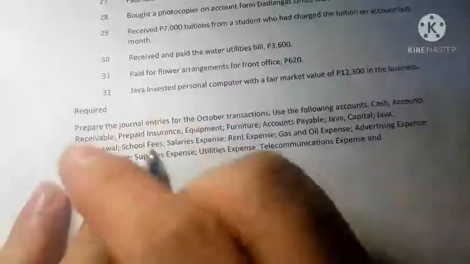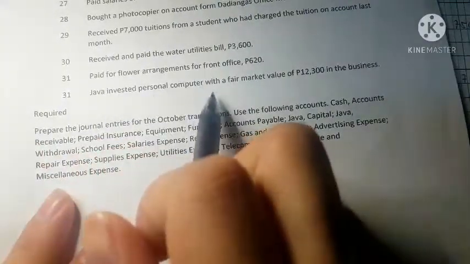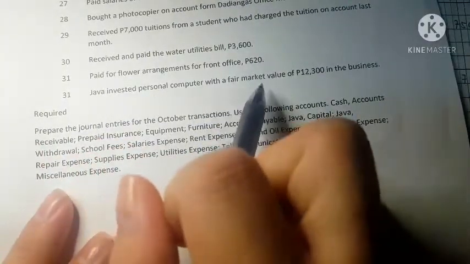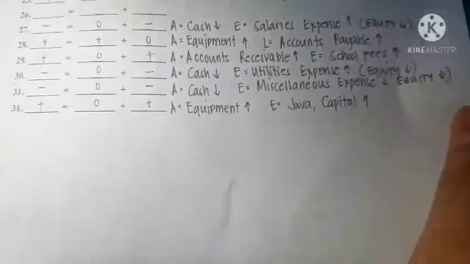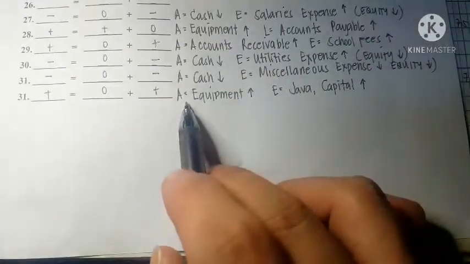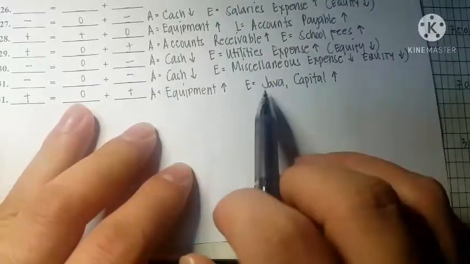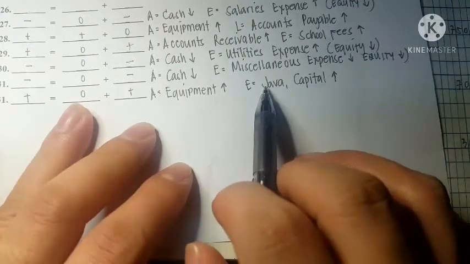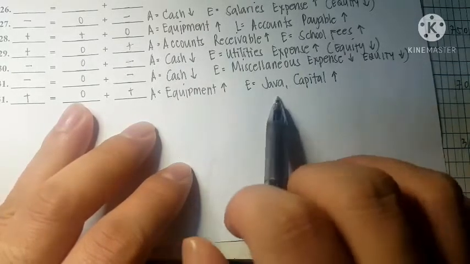Lastly, October 31, Java invested a personal computer with a fair market value of 12,300 in the business. So there is an increase in assets, particularly equipment, and an increase in equity, particularly Java capital.